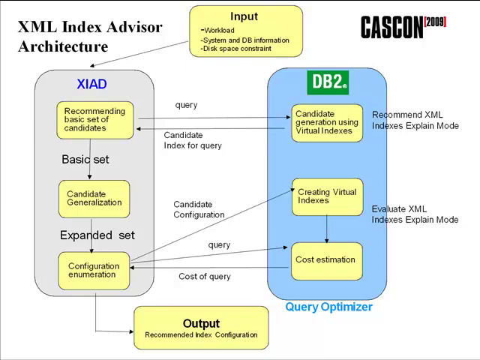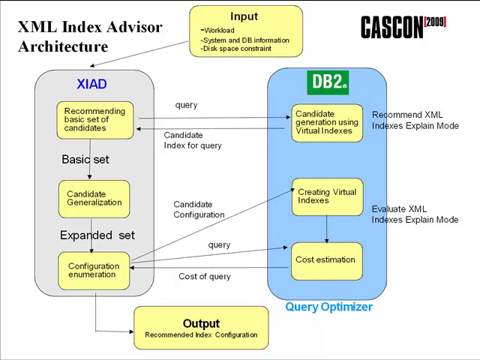Let me go through a synopsis of how the advisor actually works. Initially, we determine the basic set of XPaths that are indexable within the workload by compiling each query one at a time using a special explain mode called recommend XML indexes. Under the covers, the optimizer extracts those indexable XPaths, packages them up as basic indexes, and throws them back to the advisor through a special explain table.